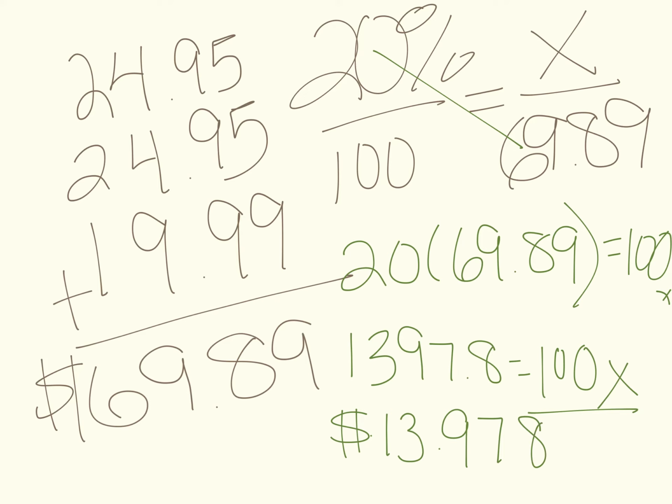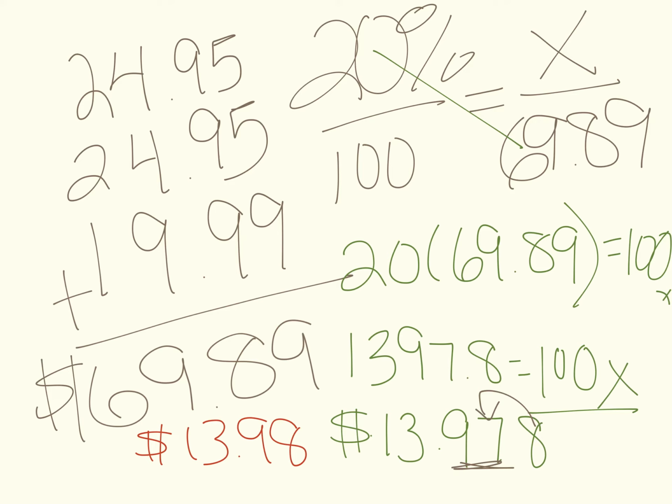So what's going to happen here? We can only have 2 place values, hundredths, so this 8 tells the 7 to round up. So we're going to have a savings of $13.98. Okay? So that's our savings.